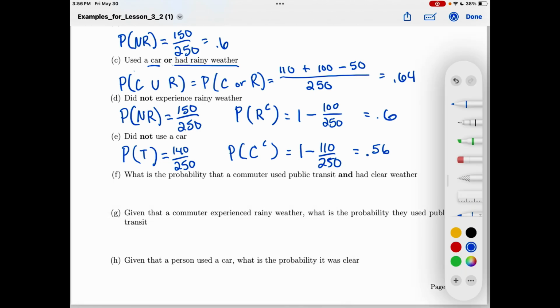Part F says, what is the probability that a commuter used public transportation and had clear weather? So our notation would look like this. Here's our and symbol. It's an upside down U. And clear weather, we labeled that as no rain. So the other way we could do it is just to use the word and.